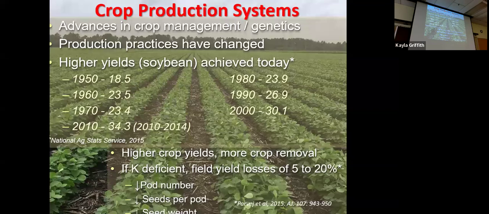So these have implications for the long-term sustainability of the nutrient budget, where a very productive field will deplete the nutrients over time, depending on how it's managed. So it's important to keep an eye on the potassium cumulatively through time, year to year to year, field by field.